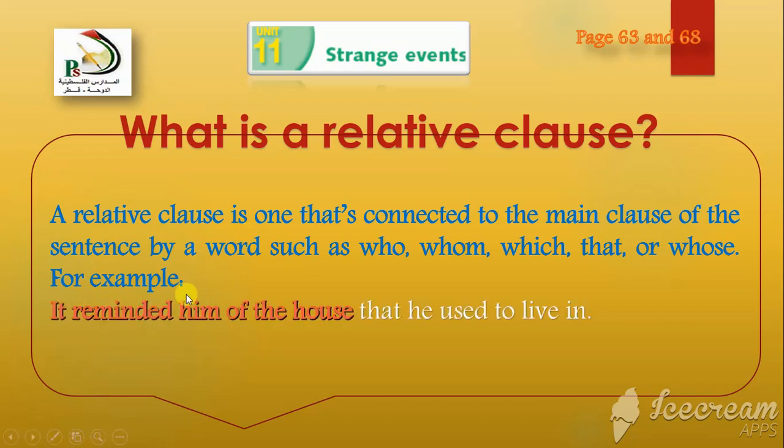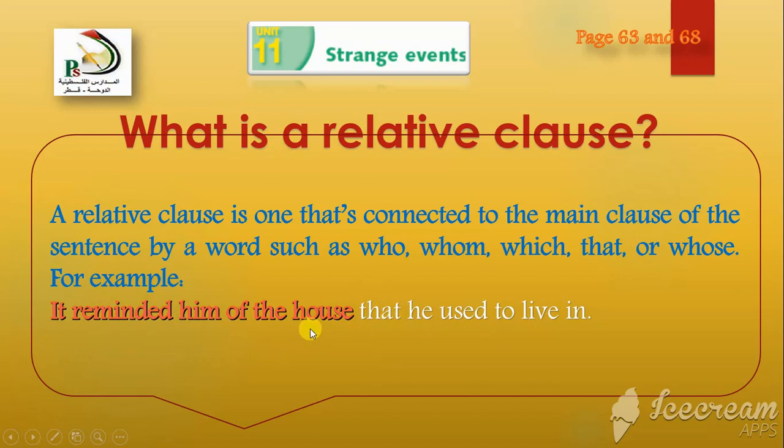Another sentence comes here. It reminded him of the house that he used to live in. Now see, this that he used to live in is a relative clause. Now, if you look at that, what does it refer to? Does it refer to it or the house that he used to live in?